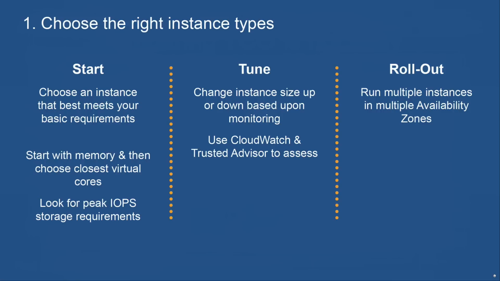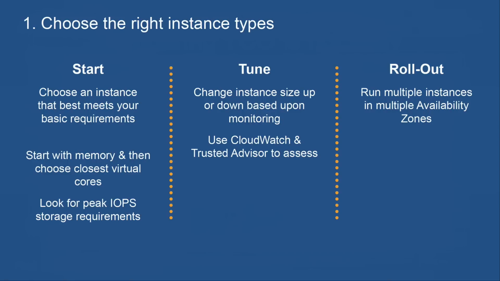So the first thing to say is it's important to choose the right instance types for your workload. And what that means really is that you should start by choosing an instance that you feel best meets your basic requirements. It's a good idea to size on memory in the first instance and then choose the closest match of virtual cores, okay?